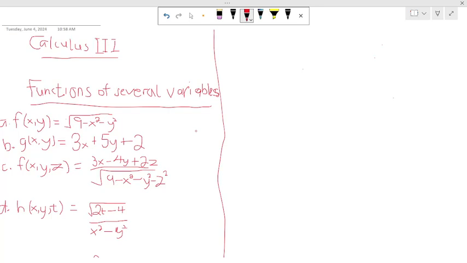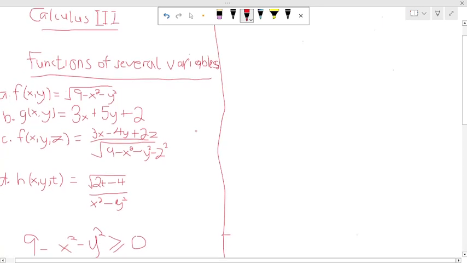As in evaluating the limit in calculus 1 and 2, we just substitute the value at which the x is approaching, and get the limit of the function. We are going to transfer that same idea to functions of several variables.